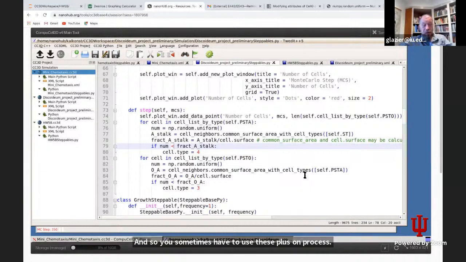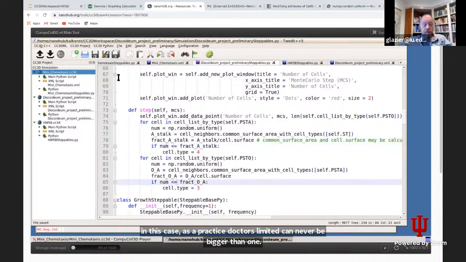Instead of looking at the probability as num less than fract of a stalk, it might be num is less than 1 minus e to the minus fract of a stalk divided by some scaling factor. And a lot of times it doesn't matter. If the fraction of contact is small, it makes no difference. If the fraction of contact gets towards 1, it can make a difference. Although in this case, fract of a stalk is limited. It can never be bigger than 1.